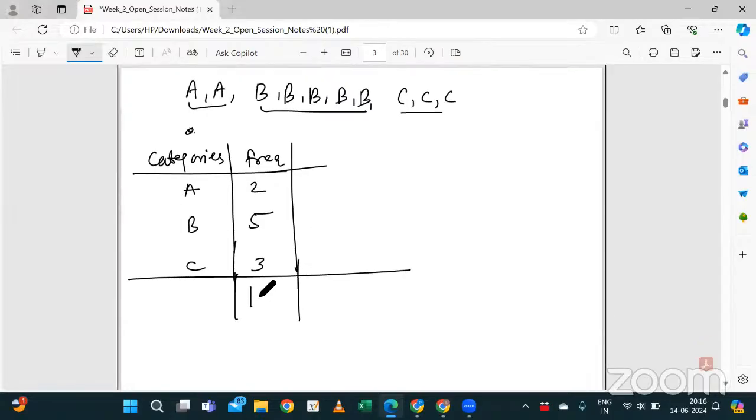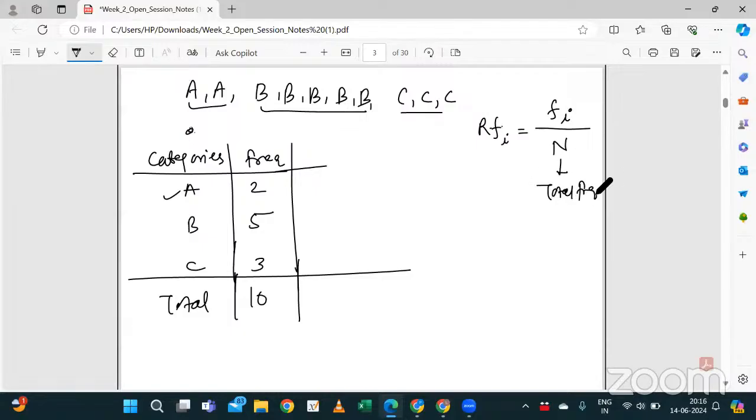So what is this 10? 10 is nothing but the addition of all the frequencies. Now, what does relative frequency say? I'm writing RF_i for the ith category. Relative frequency is the frequency divided by N, where N is the total frequency.